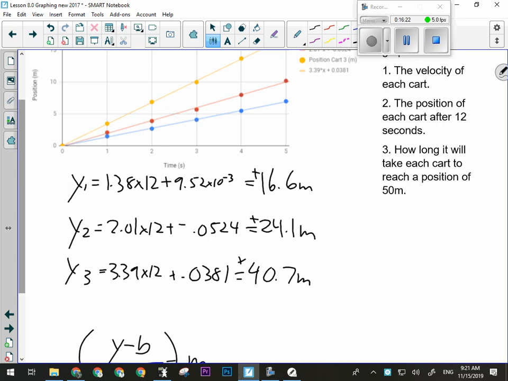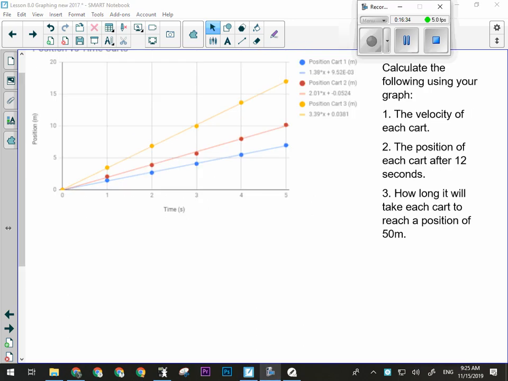How many people have done question number 3? I'm going to give you some time to do that. You're solving for how long it will take each of them to reach a position of 50 meters. So in number 3, we're looking to solve for an x value because they gave us 50 meters, which is a position, that's a y value. When we manipulate, we're going to have that x equals y minus b over m.